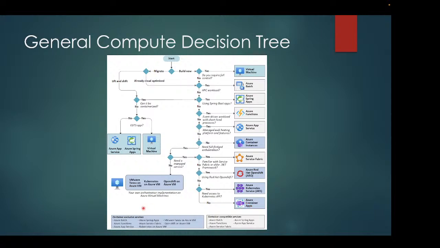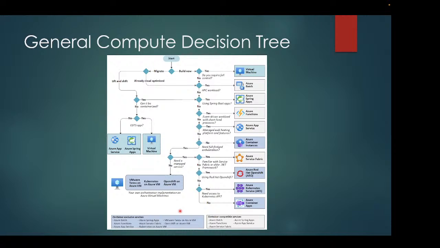So there are several options that are listed down here. For example, container compatible services: Azure Batch, Functions, Service Fabric, Spring Apps and App Services are compatible. And also there are certain container exclusive services as well. So like that, there are multiple options for you to decide which one you want to choose.